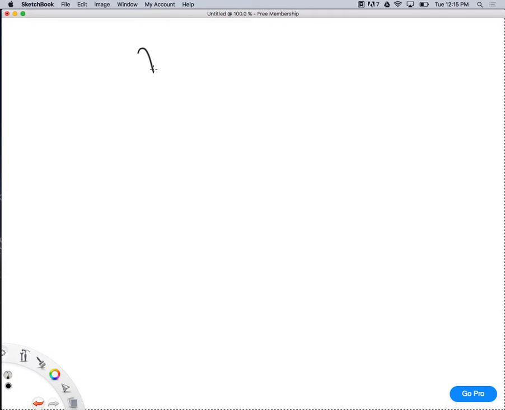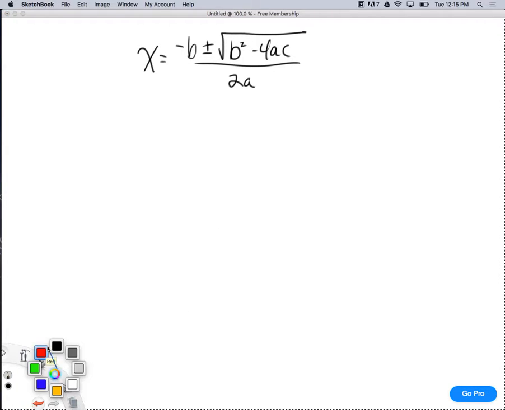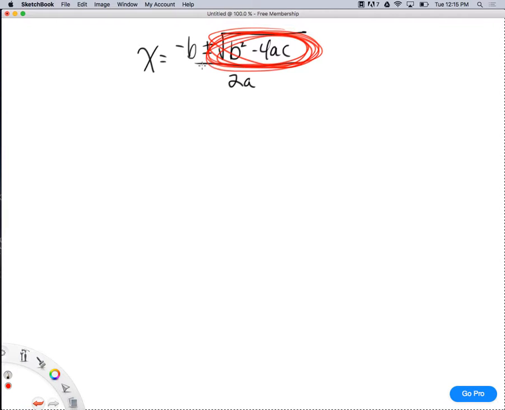What I'd like to focus on now, well, first let me write it again. X equals negative b plus or minus square root b squared minus 4ac all over 2a. Once I've written that down, I'd like us to focus on this thing here that I'm circling. This is called the discriminant.